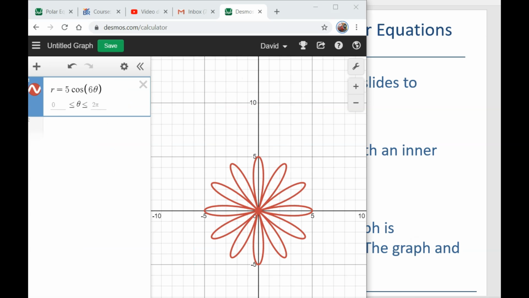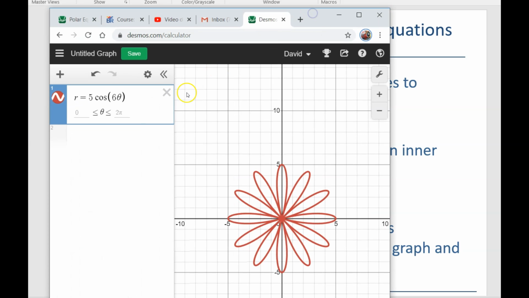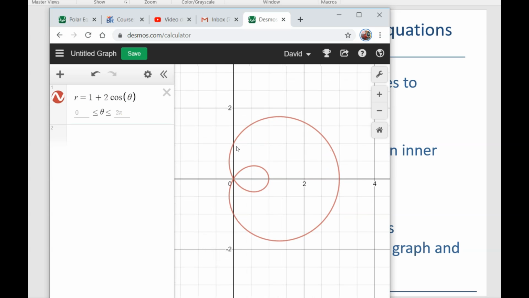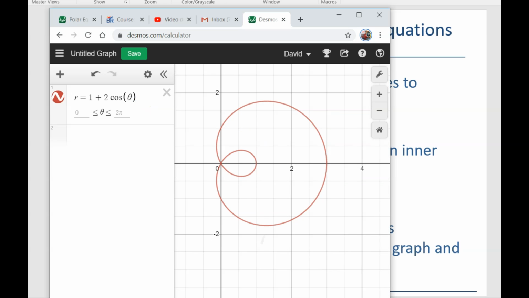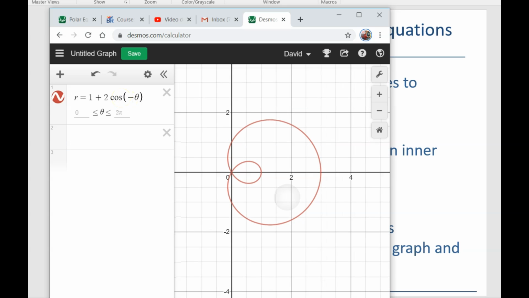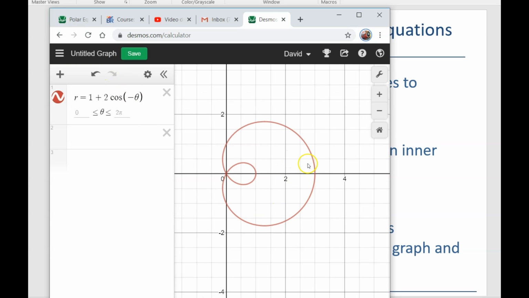So if I were to graph 1 plus 2 cosine theta, again just spell out theta, and then change this from theta to negative theta, well, remember, the cosine of negative theta is the same as the cosine of theta, so nothing's going to change. The look of the graph doesn't change at all. So that's symmetry with respect to the polar axis.